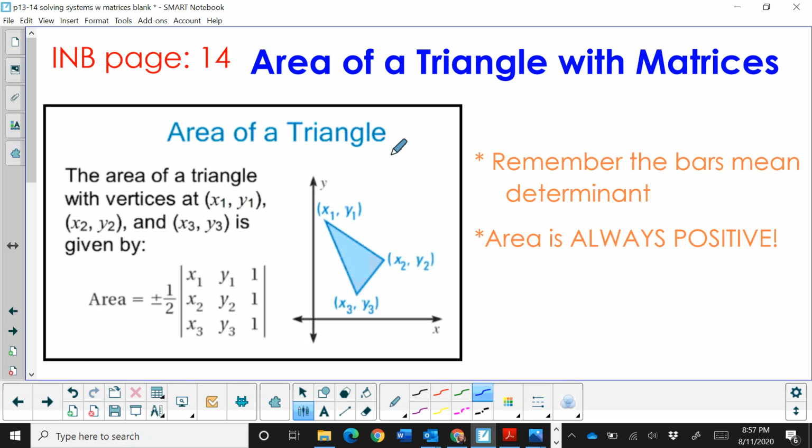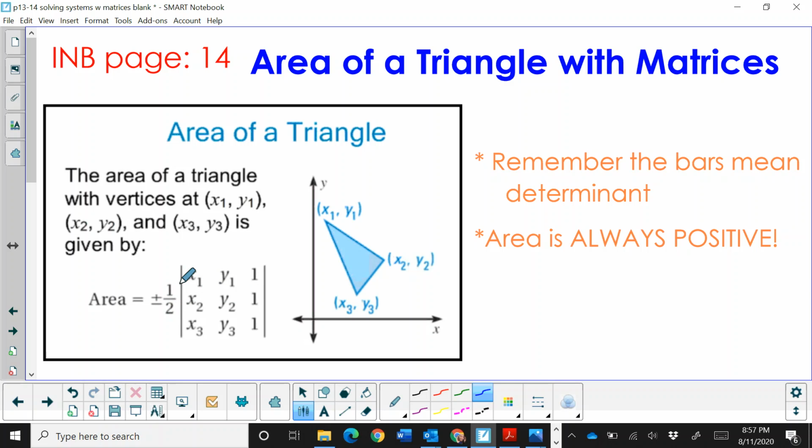The area of a triangle with the vertices (x1, y1), (x2, y2), and (x3, y3) is given by area equals positive or negative, and that depends on if your determinant ends up being negative, you change it to a positive. If it's positive, you keep it positive.